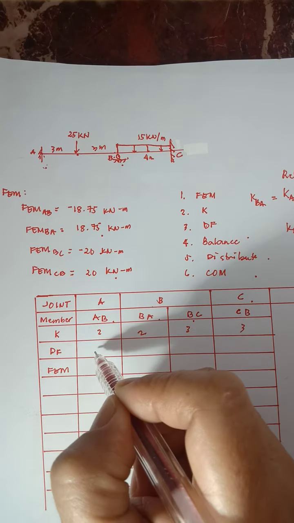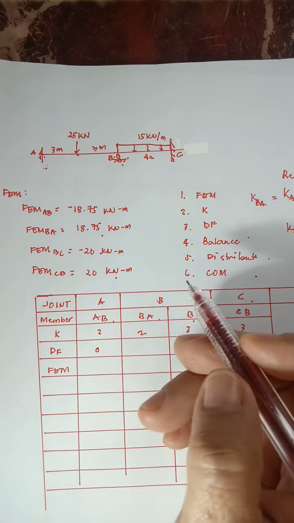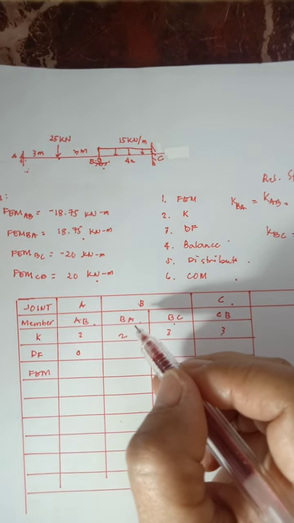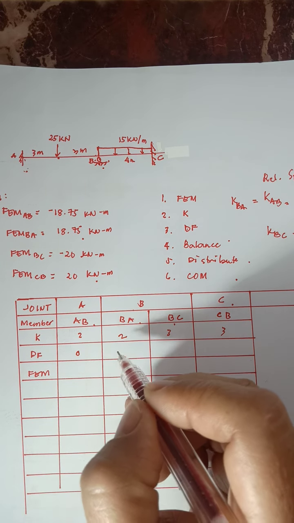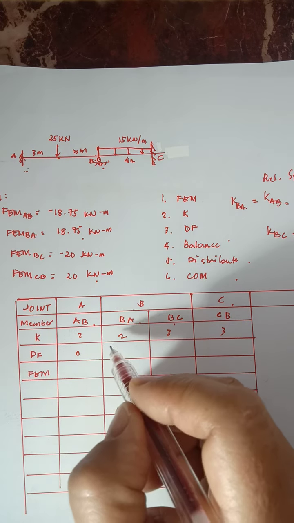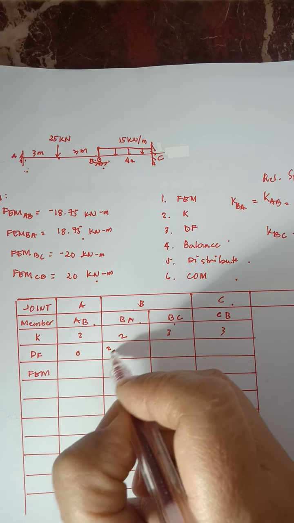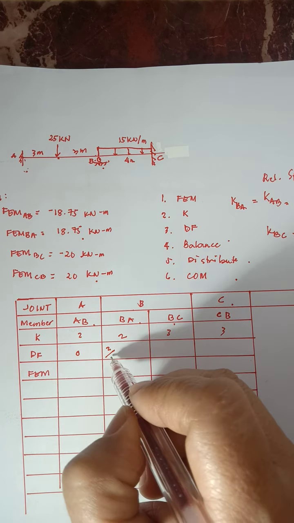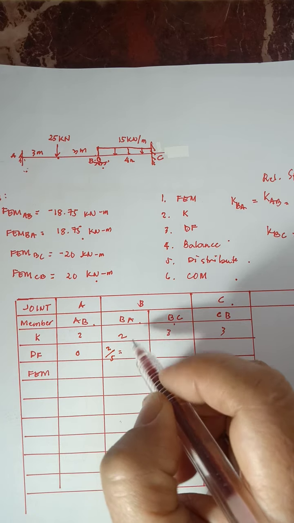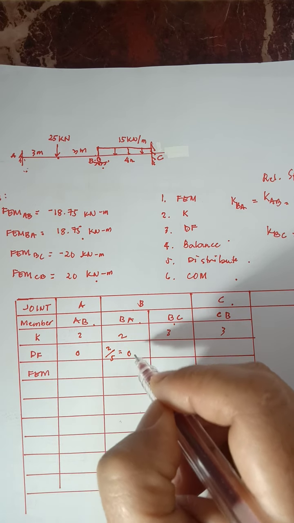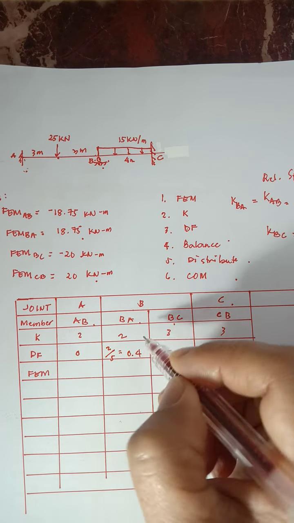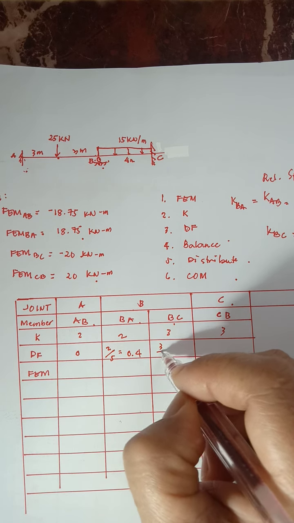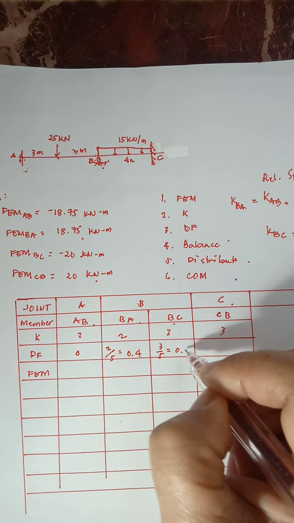So for AB it will be 0 because it is a fixed end. Okay. So for BA, its distribution factor is its K over the summation of K of the two members, so that is 2 over 5. So this is equal to 0.4, no? And for BC, 3 over 5 or equal to 0.6.